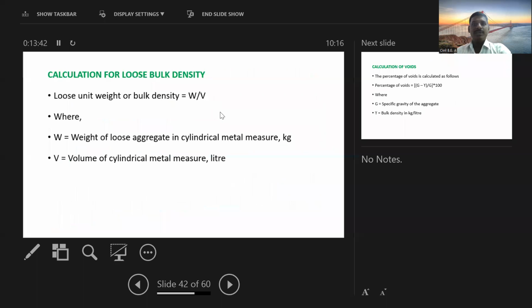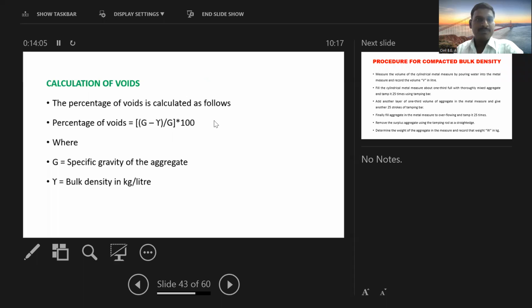If we divide W by V, then we will get the loose unit weight or bulk density of the aggregate. Here W is the weight of loose aggregate in the cylindrical measure, and V is the volume of the cylindrical measure in liter, so W by V gives the loose bulk density.